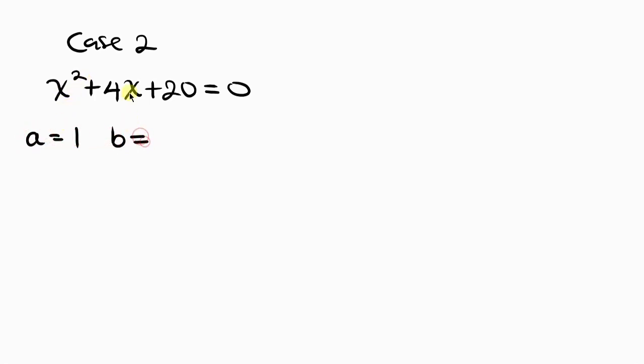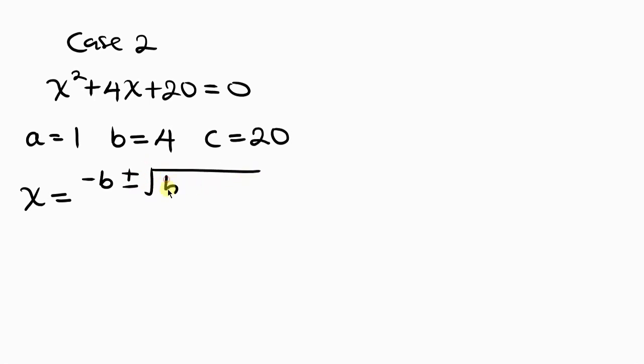B is the coefficient of x, and that's 4. And C is the constant term, 20. Now the quadratic formula we're using, since we are looking for x, is x equals negative b plus or minus the square root of b squared minus 4ac, all over 2a.